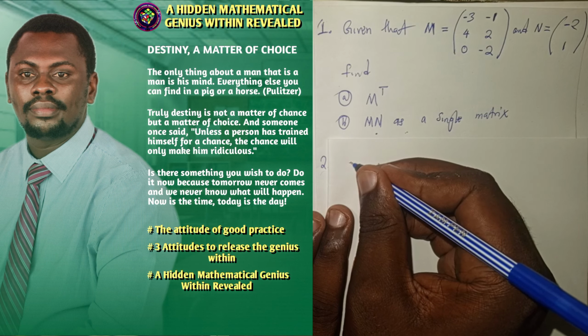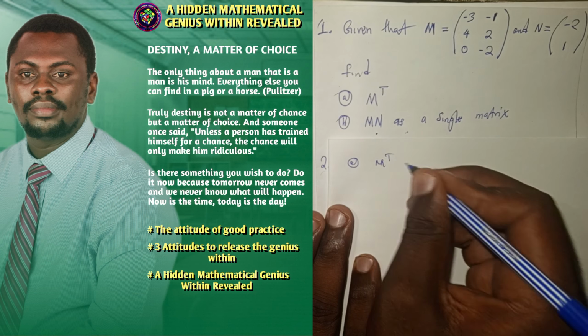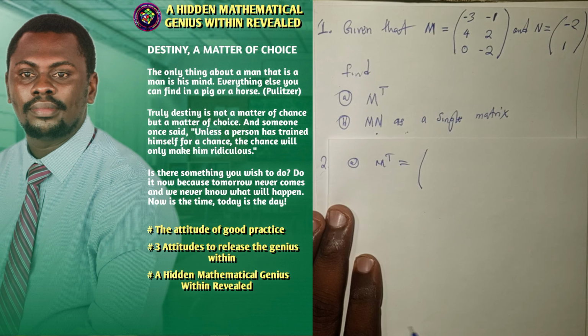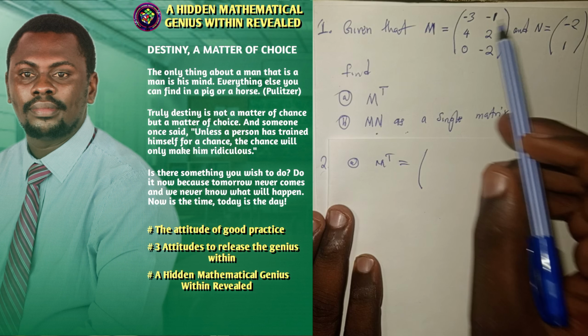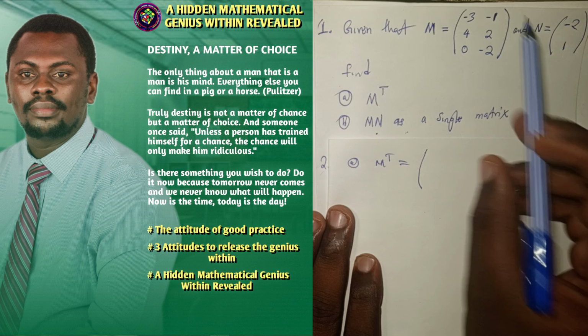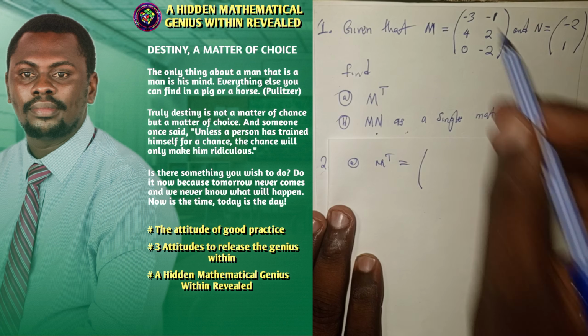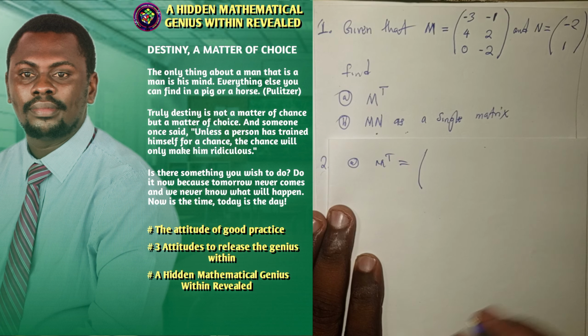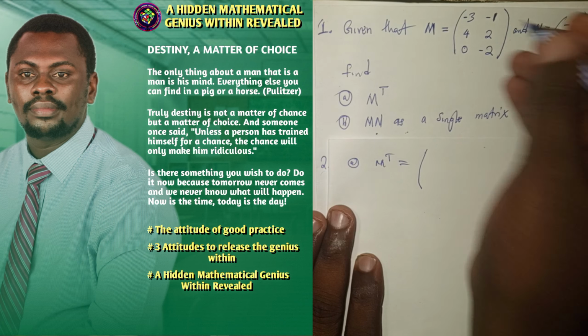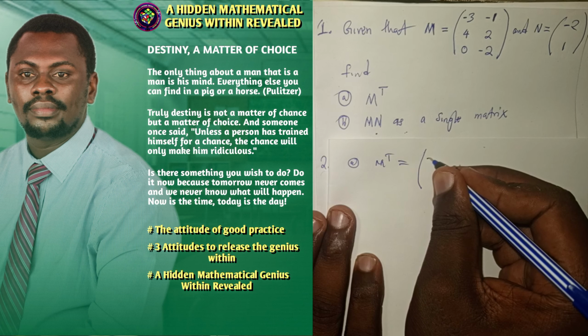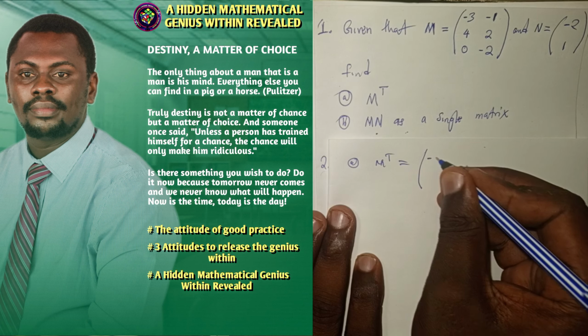So M transpose is equal to, here we have this first row, -3 and -1. So this row will become the first column. It's a row, it will be a column. So -3 and -1 as a column, it will be -3 and -1 down there.